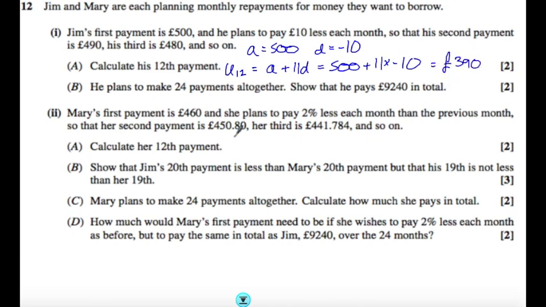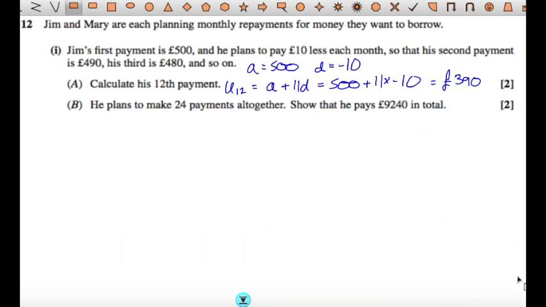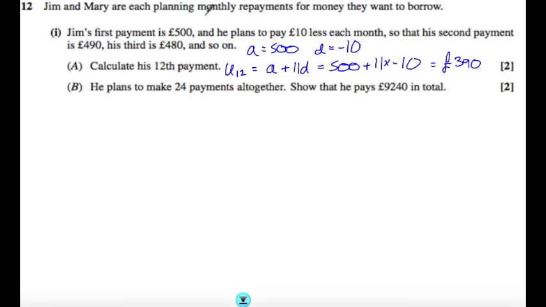Right, he plans to make 24 payments altogether. Show that he pays £9,240 in total. Right, so now we're working out S24, so we want the sum of 24 terms. So that's going to be n over 2, 2a plus n minus 1 d. This is all in the first page of your formula book as well.